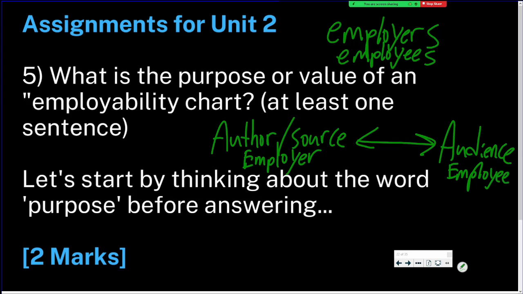So if I'm a boss and I'm running a company, then I'm going to use this chart as an educational tool that I'm going to show to my employees and to my managers, and it's going to be a document that we use together as an organization, right?